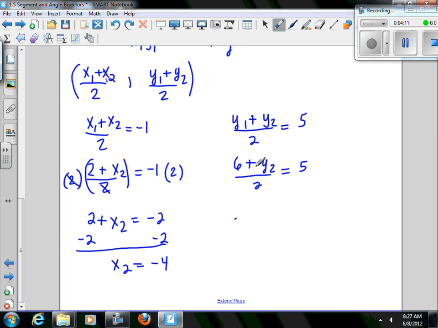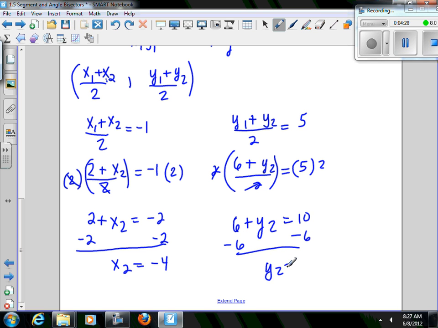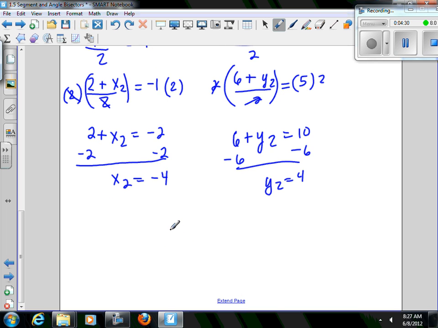Let's do the same thing over here. We're going to have to multiply each side by 2. So we have 6 plus y2 equals 10. Subtract 6 from each side. And we have that y2 equals 4. So our other endpoint is the point -4, 4.